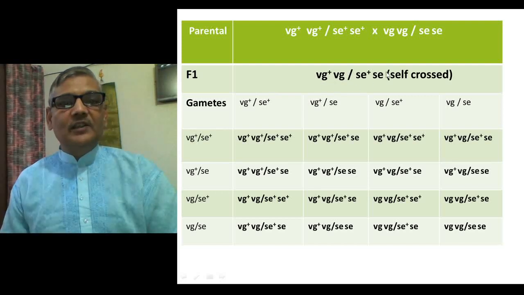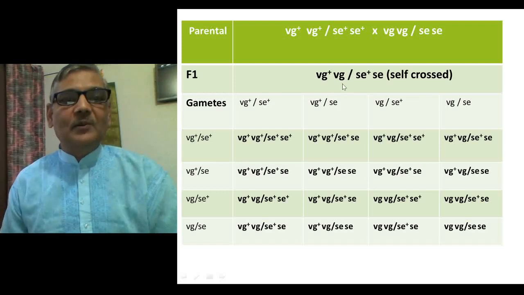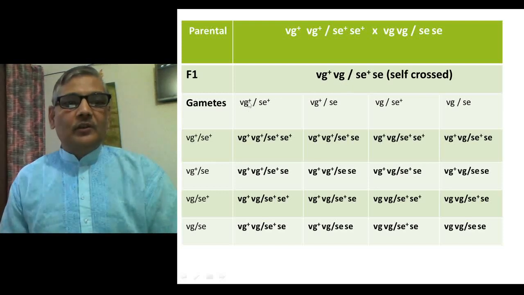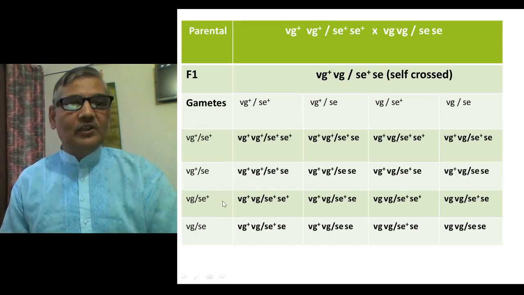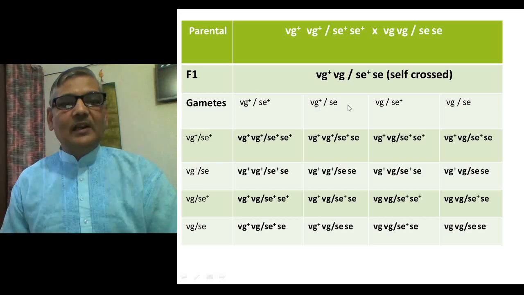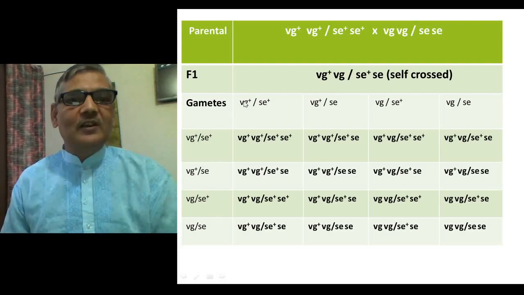What will happen? In these F1 flies we can see gametogenesis. There will be male individuals in which gametogenesis will occur, and female individuals in which gametogenesis will occur. And 4 different kinds of gametes will be formed in male. Exactly the same way, 4 different kinds of gametes will be formed in female. Let us see the gametes.